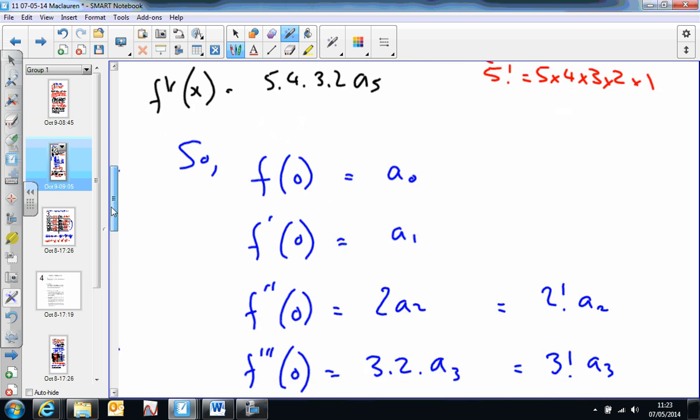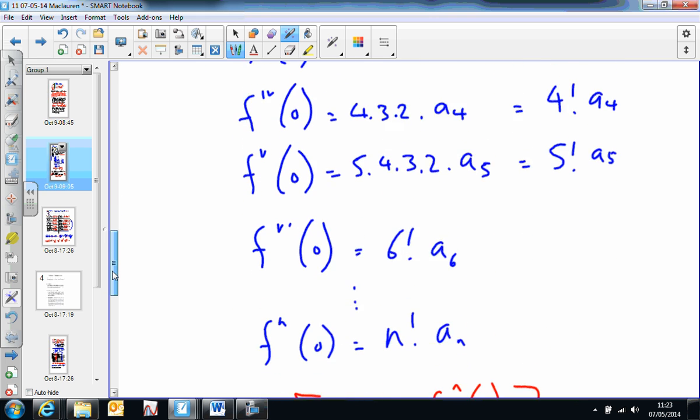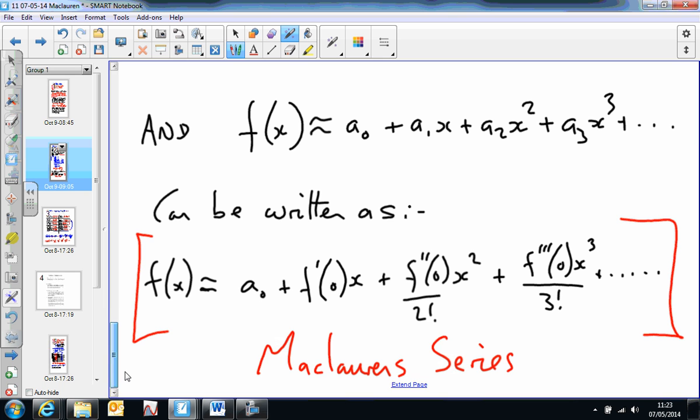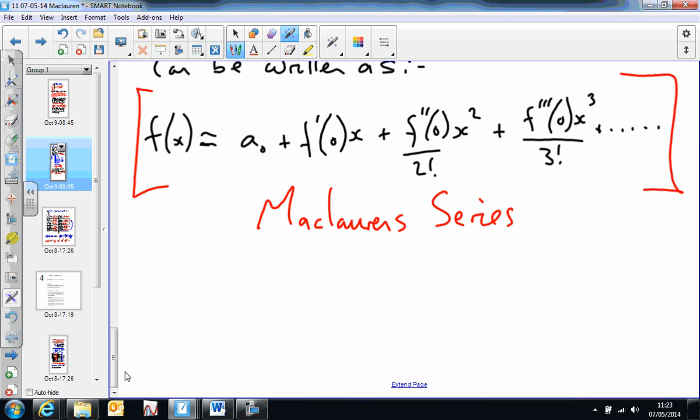So we end up with a general expression for that Maclaurin series. And this is, in an exam, what you'd be given. It's a way of finding out what the power series is. And let's have a look at it. So, it's saying we can write any function, like the cosine of x, the sine of x, as a power series, where a0 is the first constant.